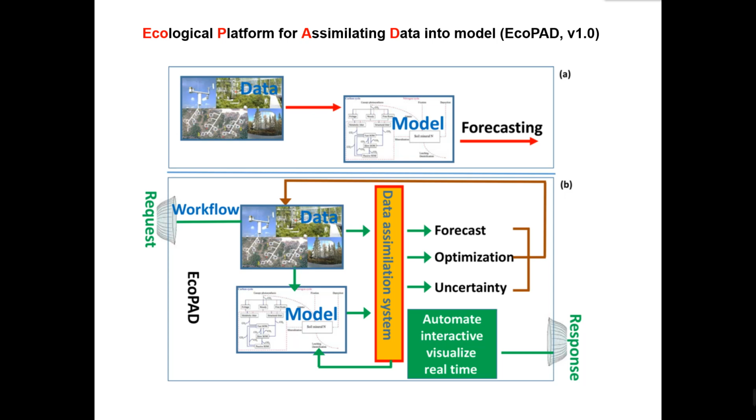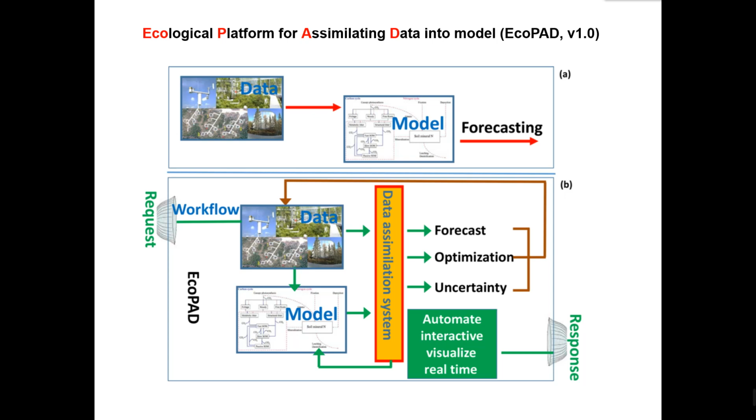This is the forward method. EcoPad is an inverse and interactive method which links data and model in a data assimilation system to optimize the parameters. It can do real-time forecasting.